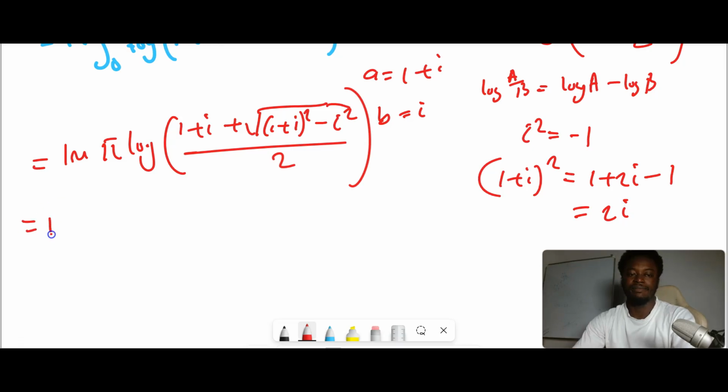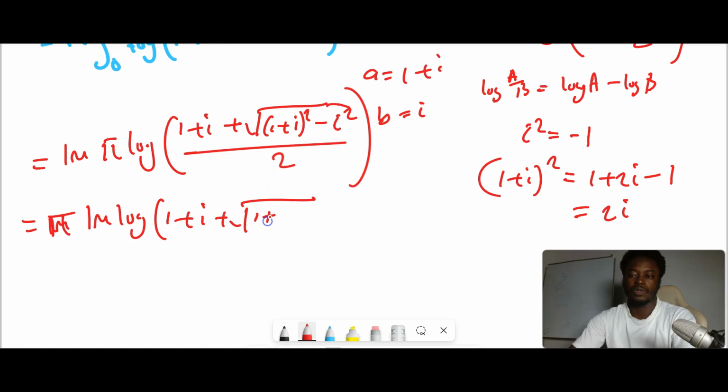So this is pi times the imaginary part of the logarithm of 1 plus i plus the square root of 2i, because 1 plus i squared is basically 2i. Then this is minus negative 1, which is plus 1, so 2i plus 1.